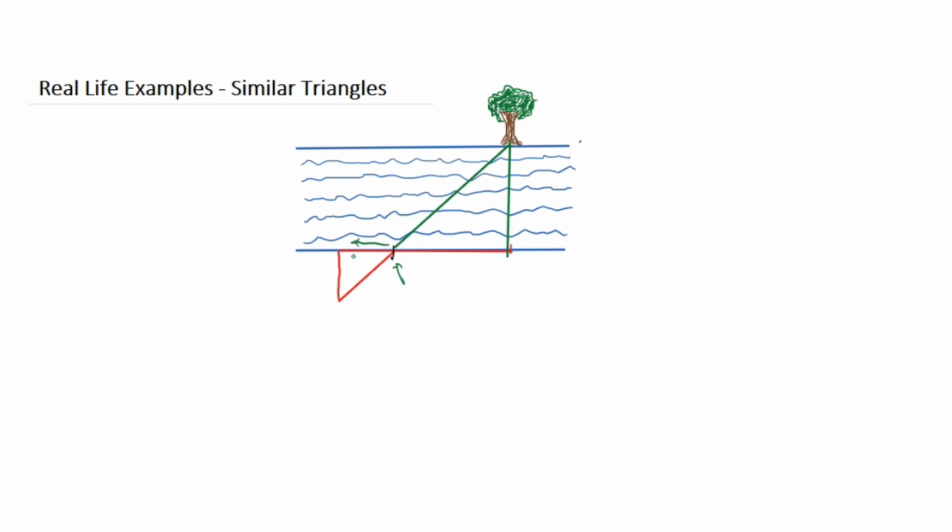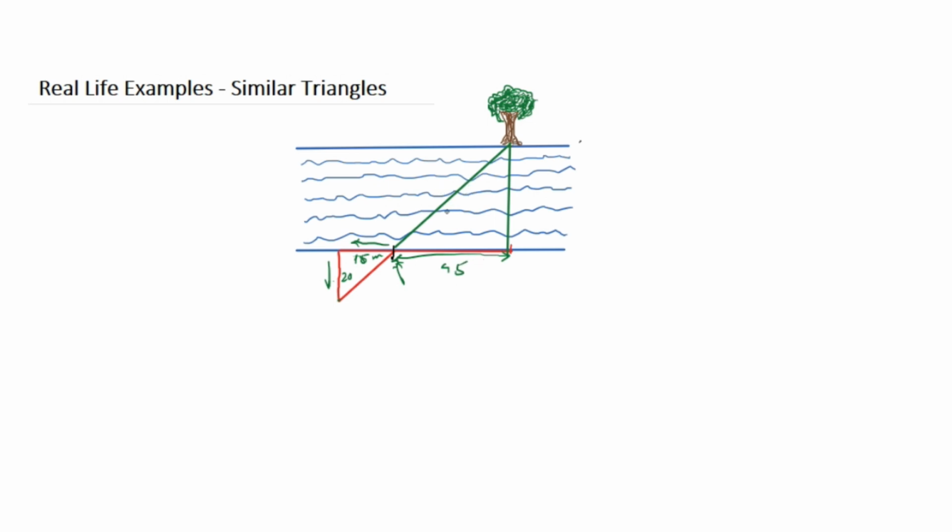Let's say you have covered 15 meters, and then from here you walk this distance and find out the length of this. So let's say you have walked 20 meters here, and then you walk this side and measure the length from here to here. Let's assume that is 45 meters.